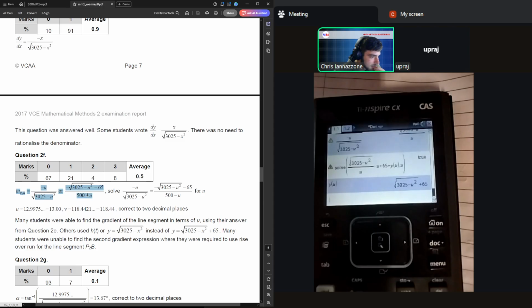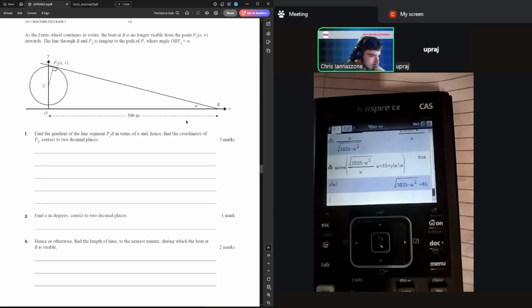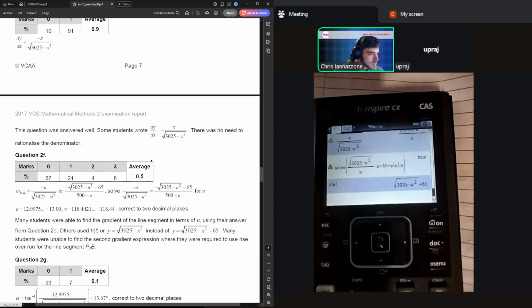This bit over here is a rise over run version of that gradient. And how you do that is to know, oh, we actually do know the coordinate of b. It's 500 across and 0 up. So we have the coordinate 500 comma 0. We have the coordinate u comma v, or really u comma f of u. And that gets you the other two spots. You can do a simultaneous between the rise over run version and the diff version. Solving that is going to give you all of these, only one of which is going to make any amount of sense.